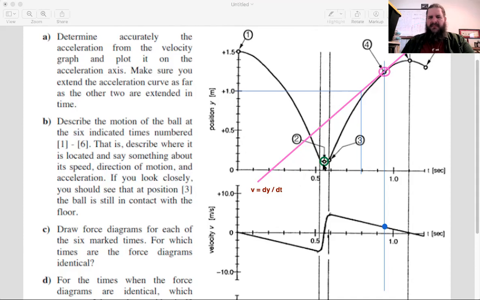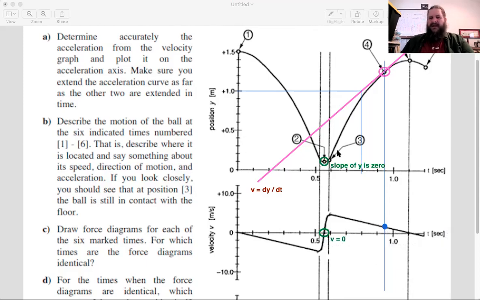Yeah, at that minimum, the slope of position is 0. And so at that same time, 0.55 seconds approximately, the value of velocity is 0. Because the velocity is the slope of the position graph.